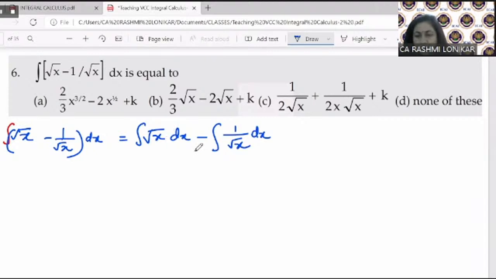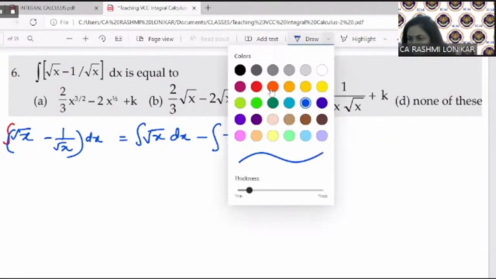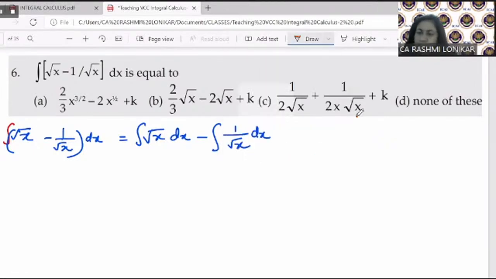Now remember what I told you, root x can be written as what? X raised to half. Remember these rules because this will give you confidence.